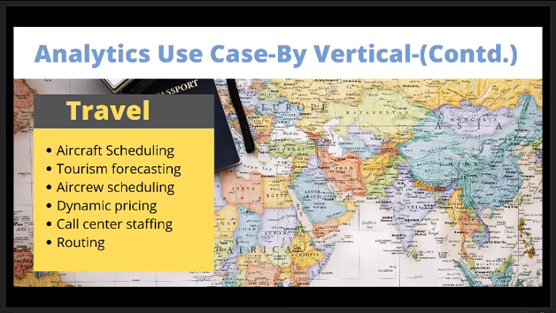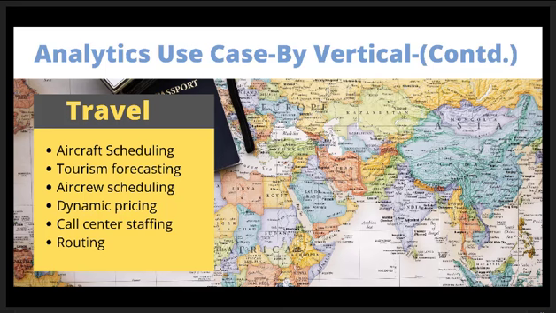Secondly, today we see dynamic pricing, right? There are airlines that increase the price during the festival period, and decrease the price when there is a long festival period. So it's dynamic pricing, and similarly in call centers: how many employees should be kept on the quota so that your customers' queries are handled.